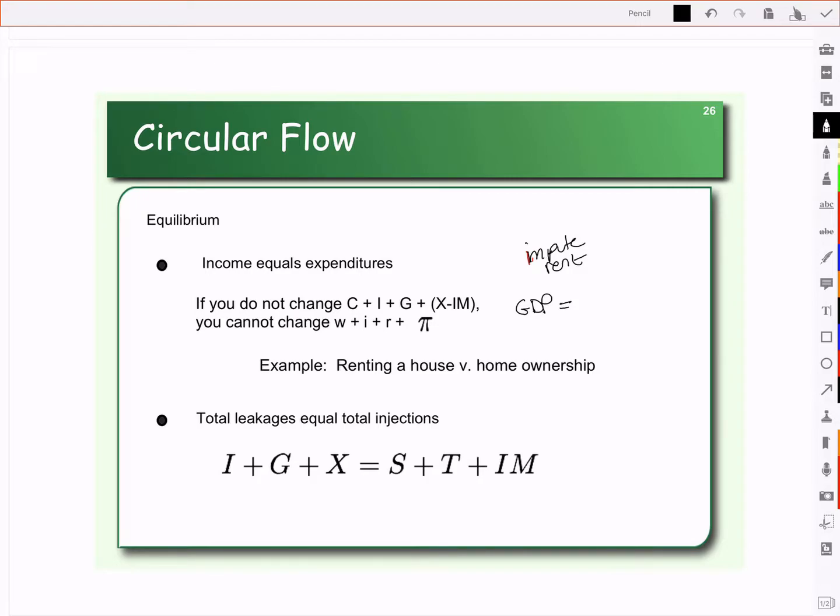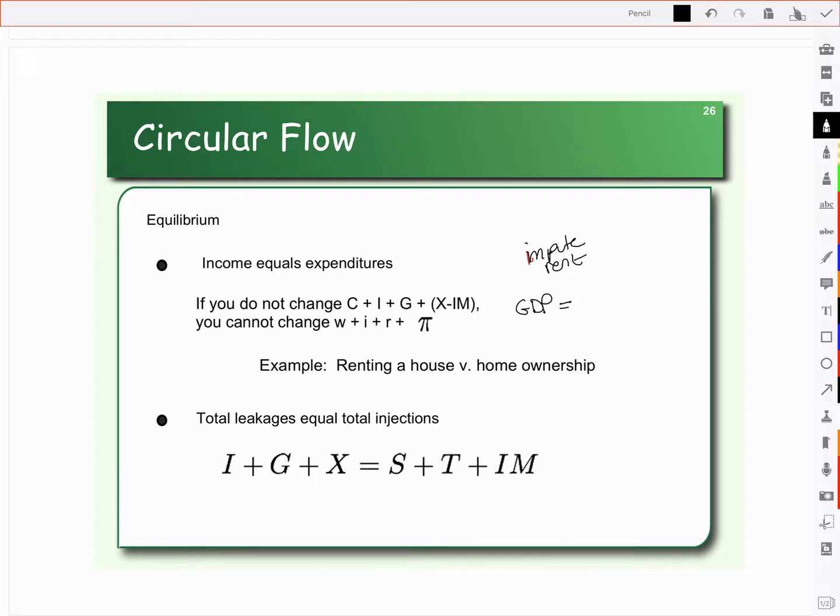This allows us to look at equilibrium where the income and the expenditures are equal. By just assuming that everyone's renting, even if you might be renting from yourself, we don't see a decline in GDP or the economy shrinking just because people decide to live in their own home.